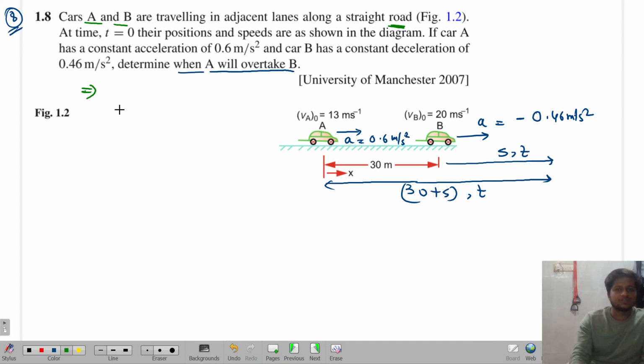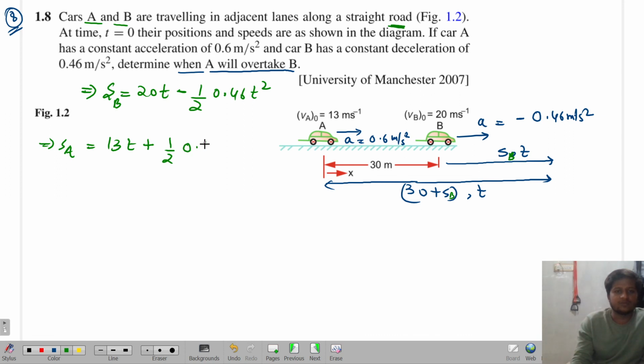Now for B, I'm writing the equation. Initial velocity is 20. I do not know what my final velocity should be, so the distance traveled in time t is S equal to 20t minus half of 0.46 into t square. This is for car B, S of B. For S of A, the equation will be: initial velocity is 13 into time t plus half of 0.6 into t square.